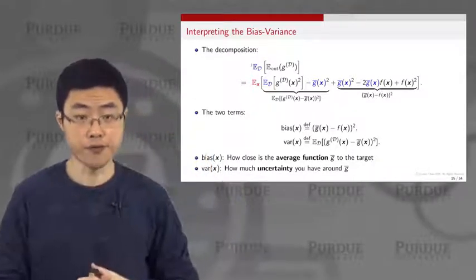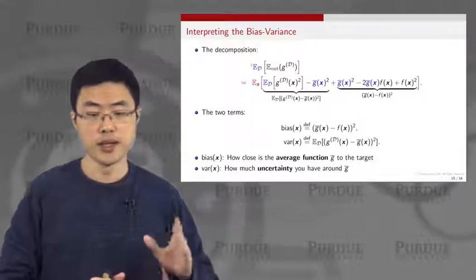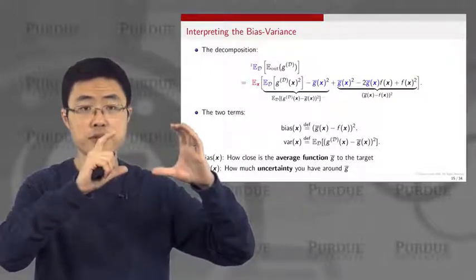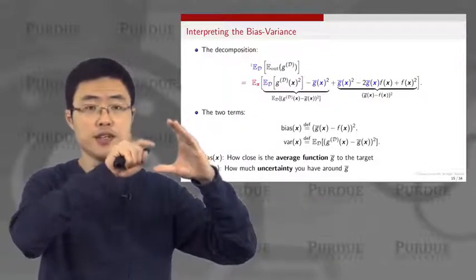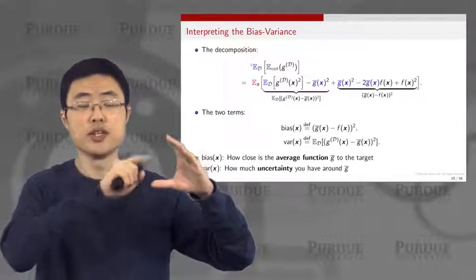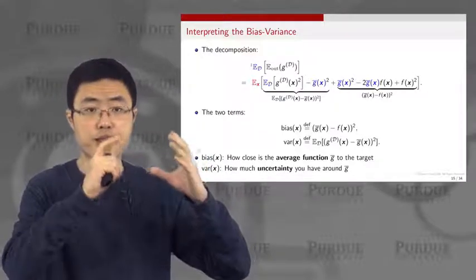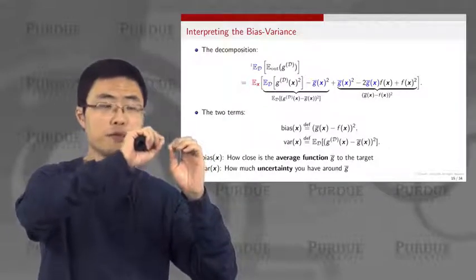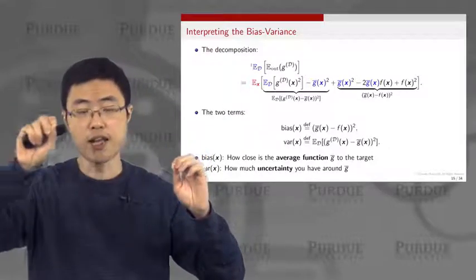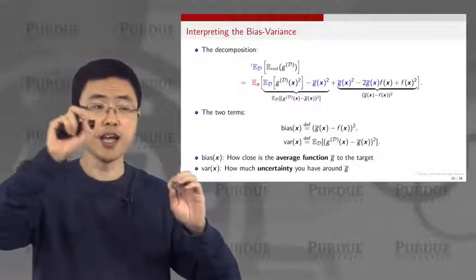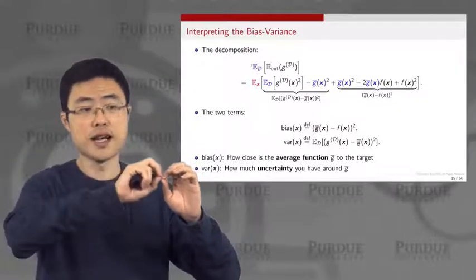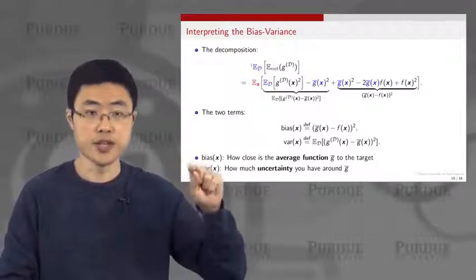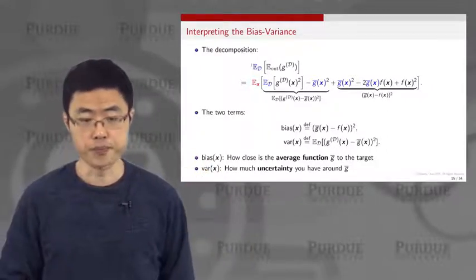The center will be the average. That will be the g bar. Now, the variance is measuring how much fluctuation you will have from the center to each individually found final hypothesis. That would be the variance. The bias would be the measure from the center to the target function, because the target function is not necessarily inside the hypothesis set. So you can measure the distance from your center to the target function.